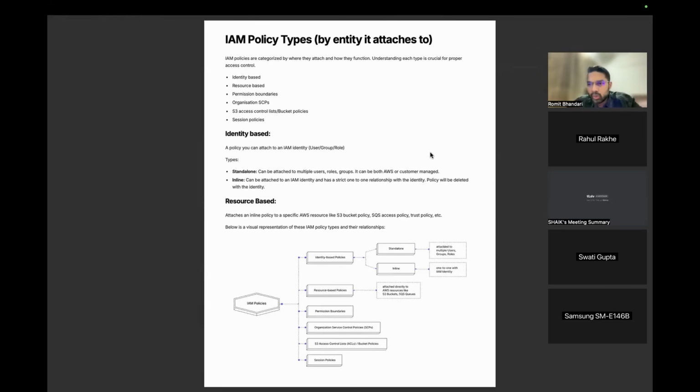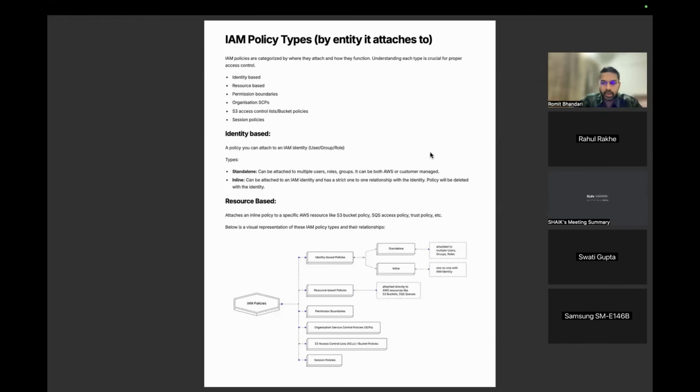It can be both AWS or customer managed, while inline, as we know, has a strict one-to-one relationship, and the policy will be deleted with the identity. But the identity based policies, which are user, group or role related, could be either of the two. Resource based policies are always inline policies. They are associated to a specific resource, like S3 bucket policy, SQS access policy, trust policy, etc. So these are all policies associated to a resource or a service.